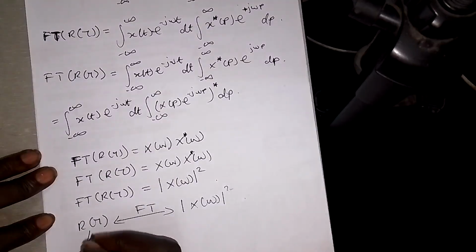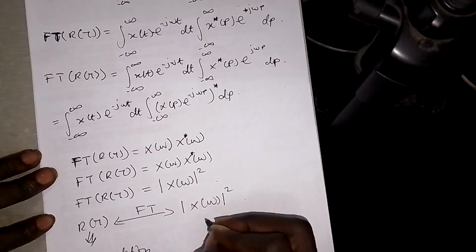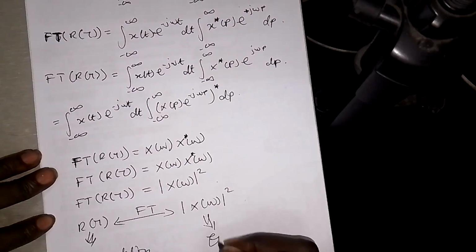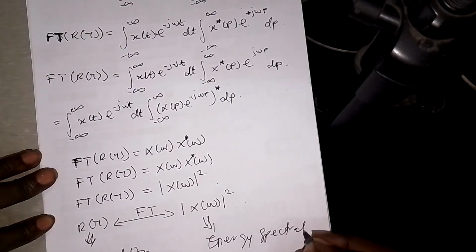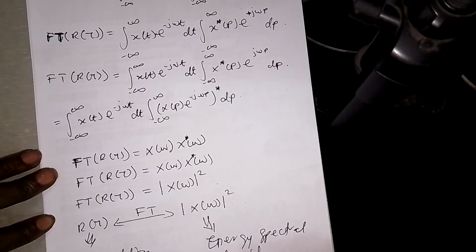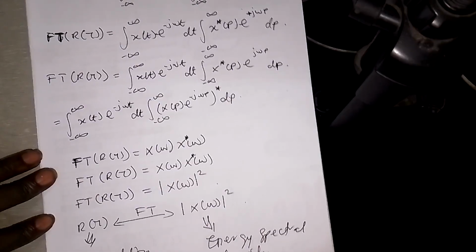This one is the autocorrelation of x(t), and this one is the energy spectral density. All right, so this is the end of this particular property.